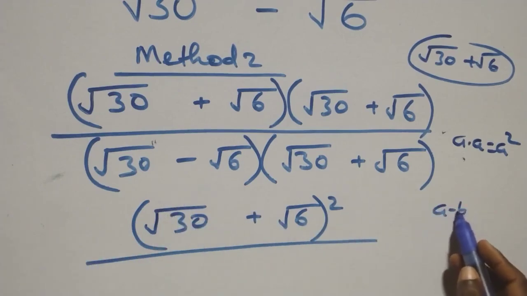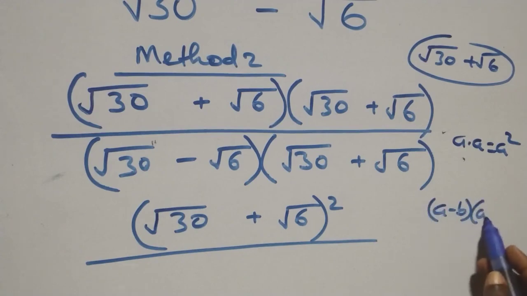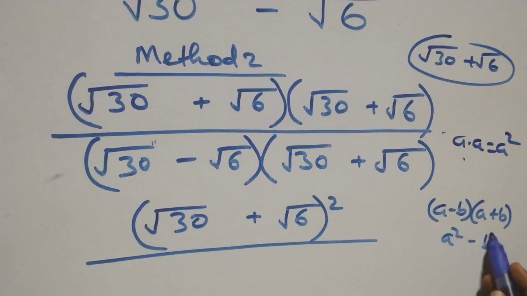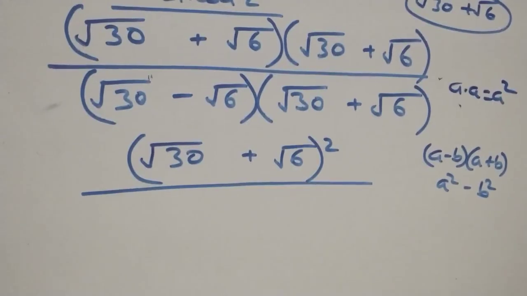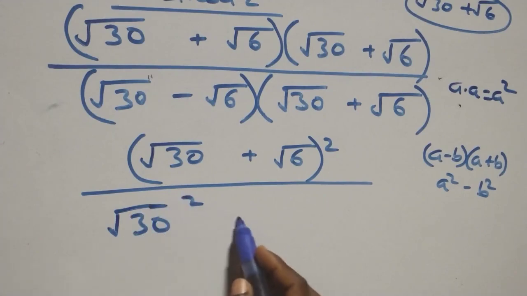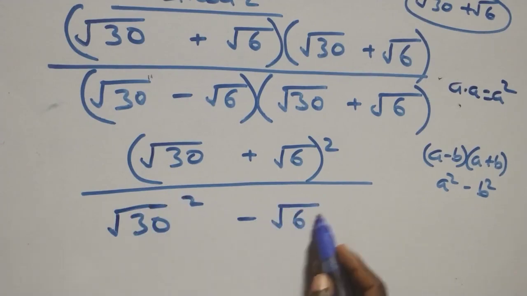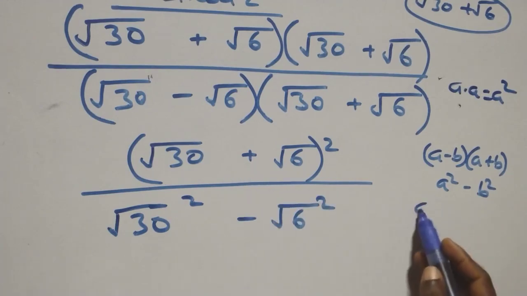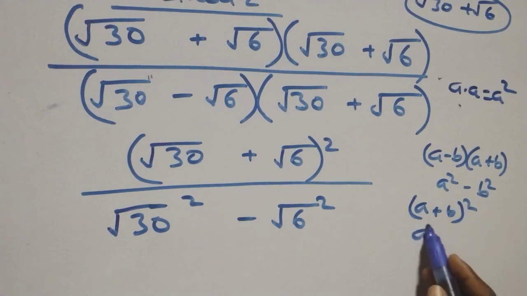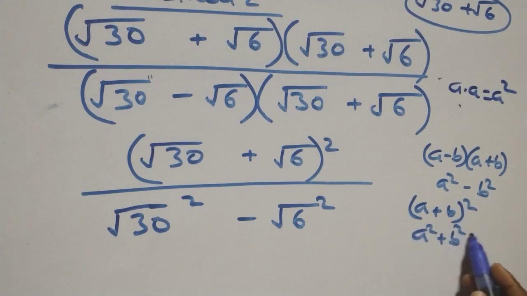follows when we have a minus b into brackets, open bracket, a plus b, which is the same thing as a squared minus b squared. That is, we have root 30 square minus root 6 square. Also, expansion here follows when we have a plus b all square, which is a square plus b square plus 2ab.